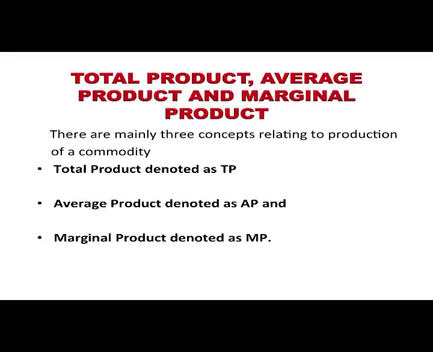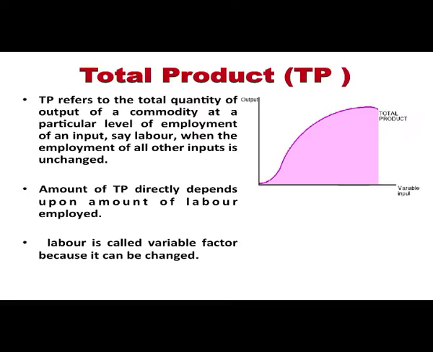As I just now said, they are total product denoted as TP, average product denoted as AP and marginal product denoted as MP. The total product refers to the total quantity of output of a commodity at a particular level of employment of an input, say labor, when the employment of all other inputs remains unchanged.